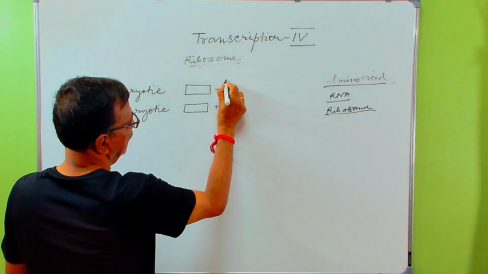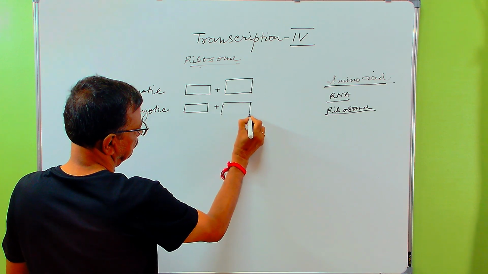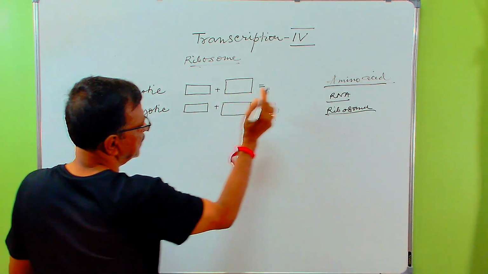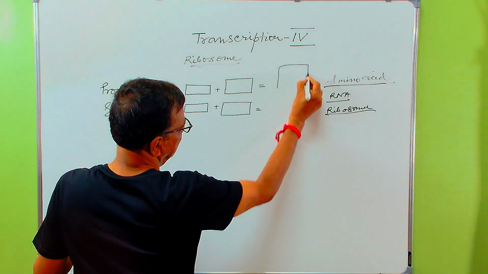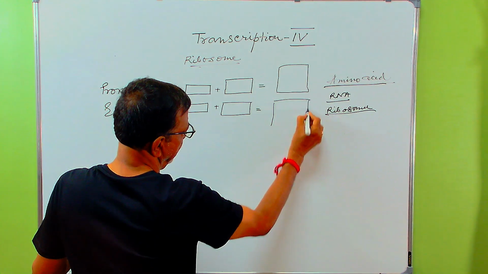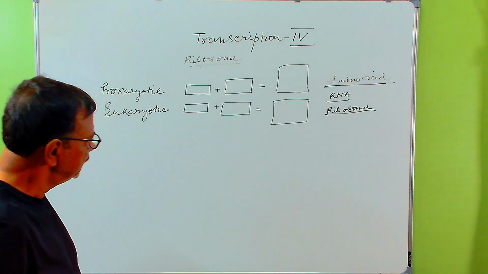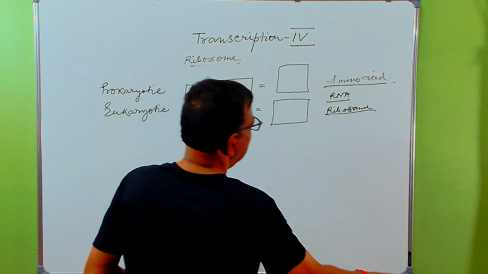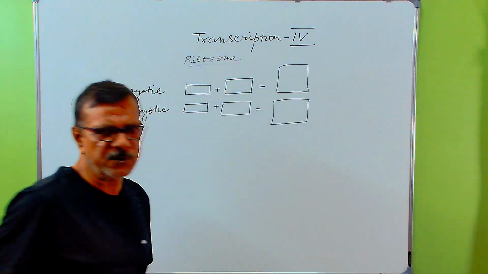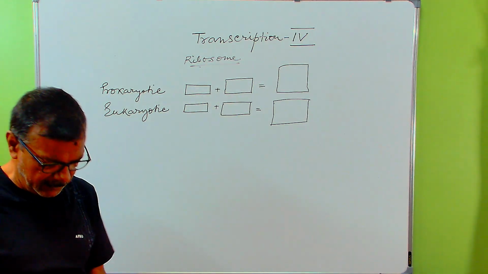This is a little bigger one. And connecting these two, it will be a further bigger one. Now we know that ribosome consists of two unequal parts, the smaller one and the bigger one.